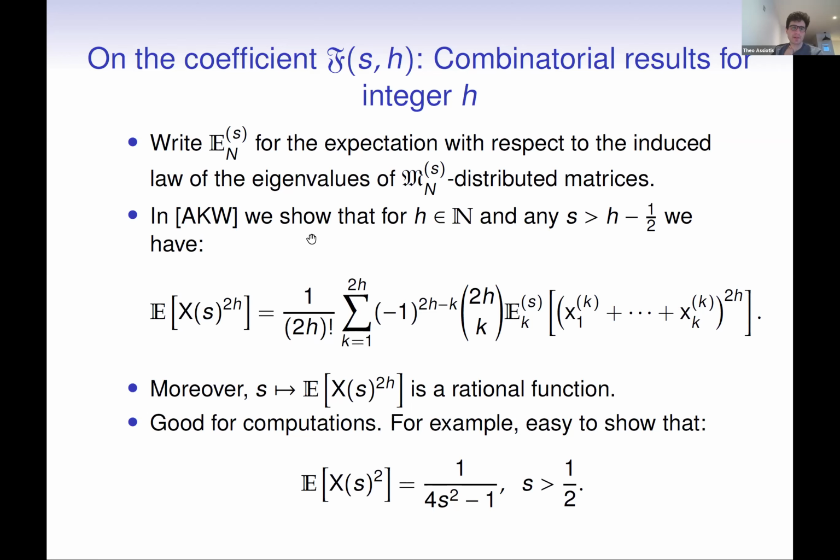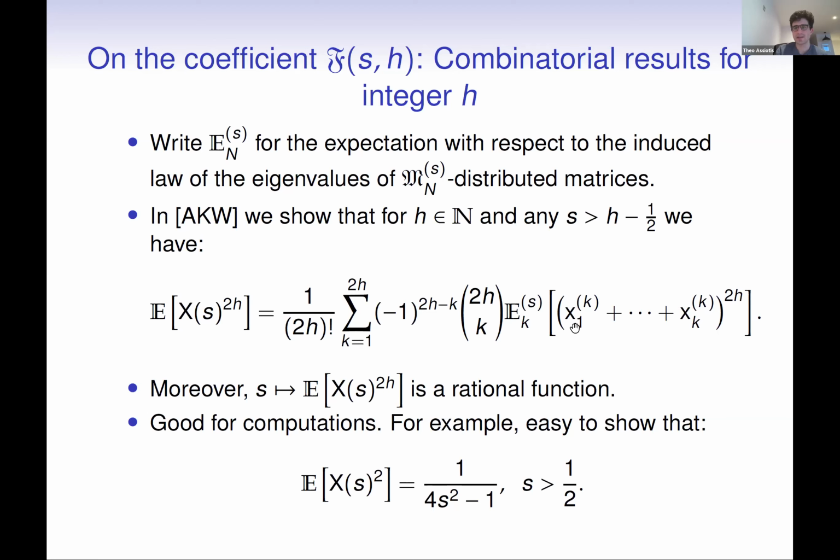And then in this paper with John Keating and Jon Warren, we show that when h is an integer, in particular just looking at these even moments, where we don't need the absolute value, and s is bigger than this, so we need this, otherwise the moments will not exist, then we have the following formula: these moments are given in terms of the moments of these finite n matrices.